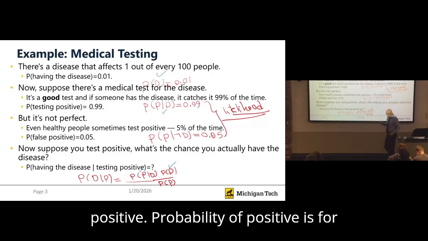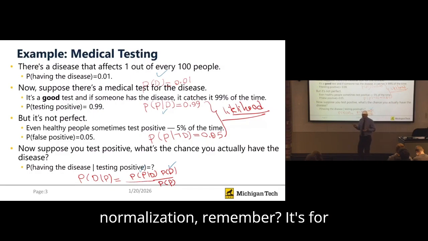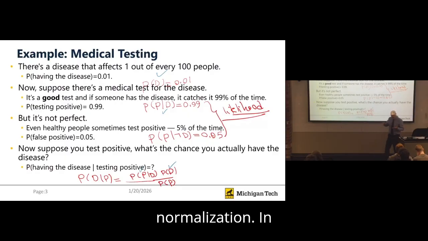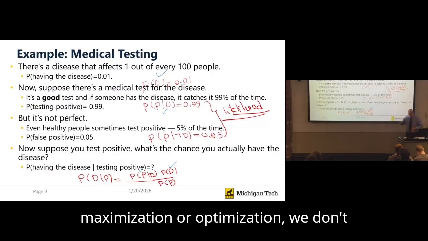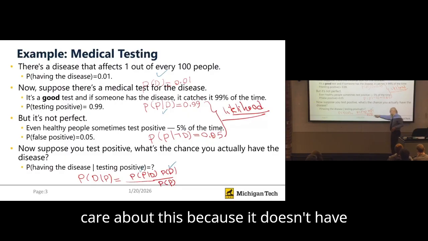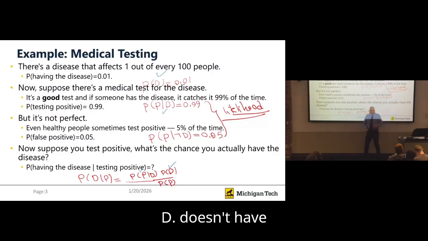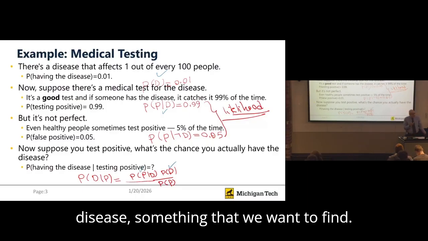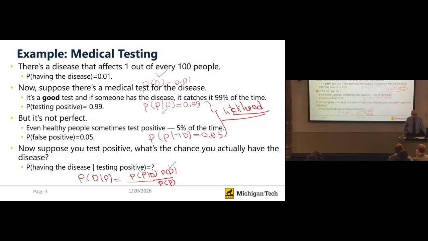The probability of positive is for normalization, remember? In maximization or optimization, we don't care about this because it doesn't have D. D is something that we want to find.